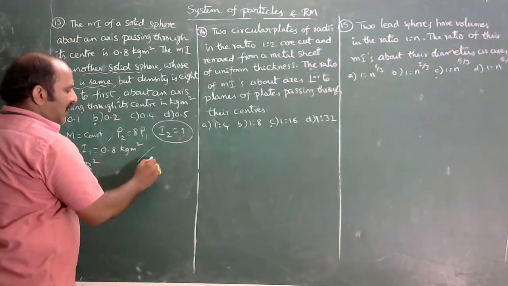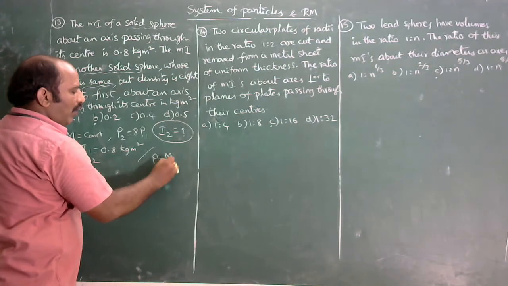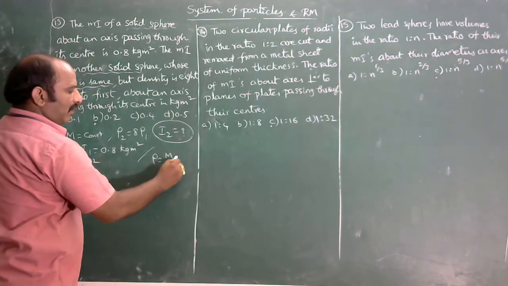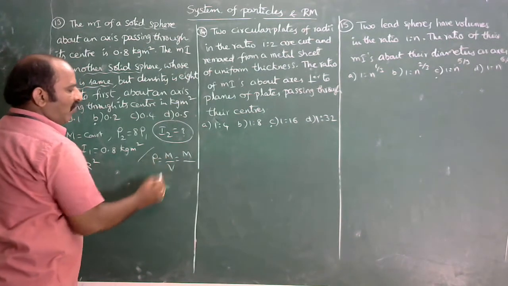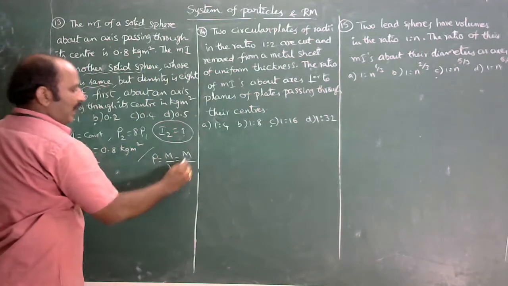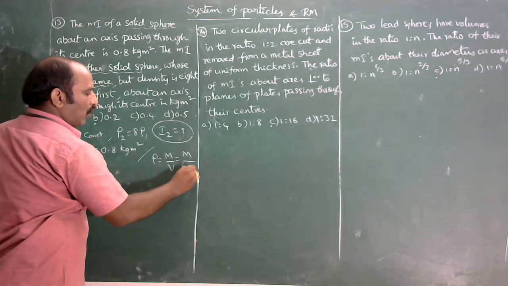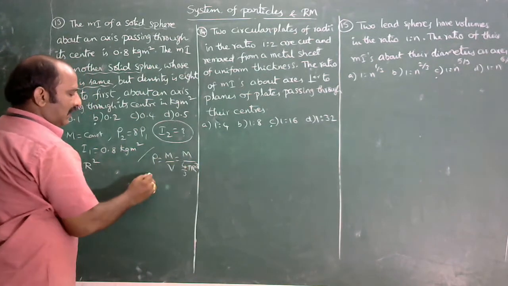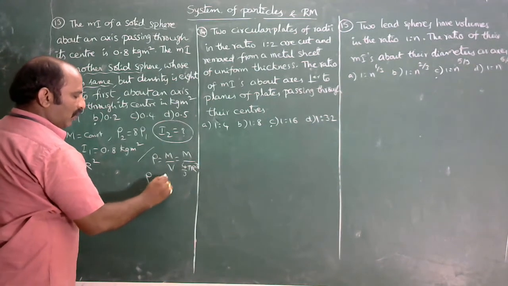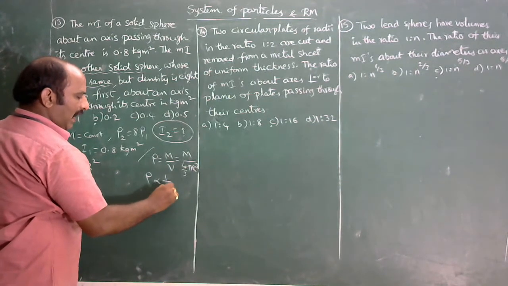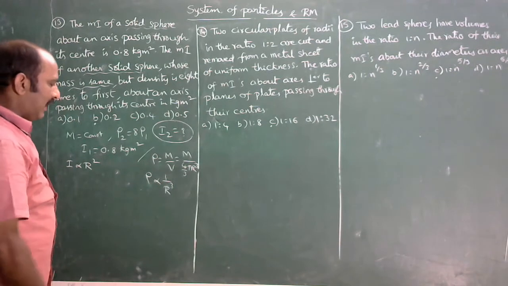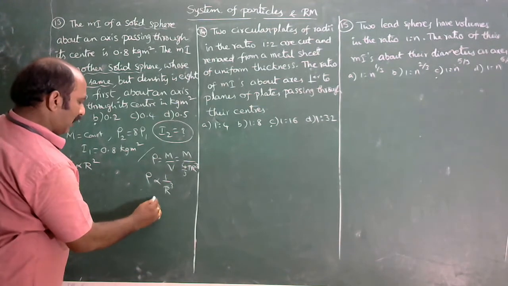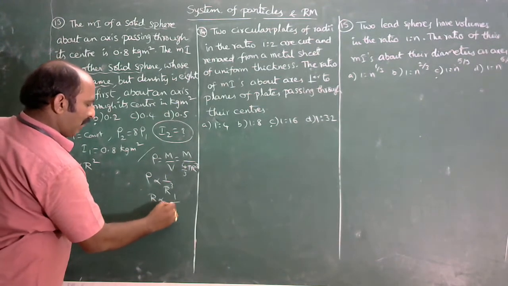From density, rho is equal to mass per unit volume. The volume formula for a solid sphere is 4 by 3 pi r cube. Here mass is constant, so we write rho proportional to 1 by r cube. Now r is proportional to 1 by rho power 1 by 3.